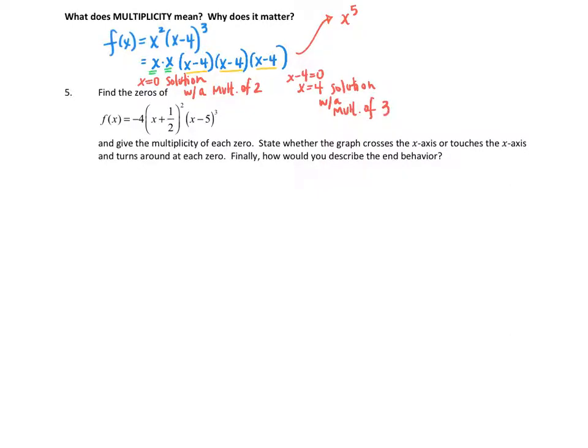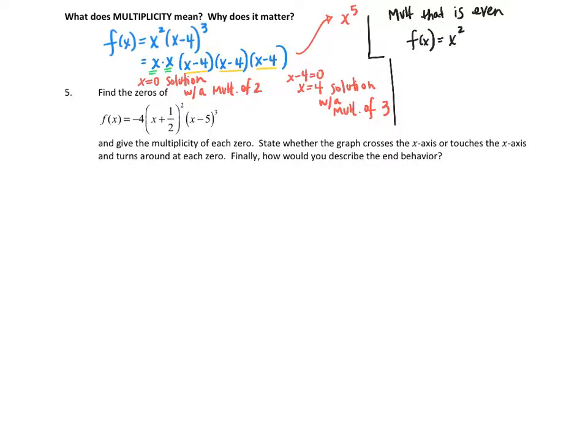So why does that matter? Let's talk about when you have a multiplicity that is even. So let's think about just an easy parent function. Always go back to your parent function.